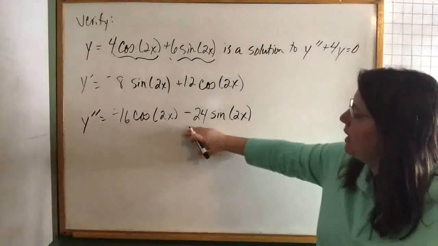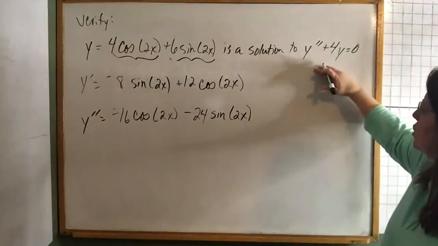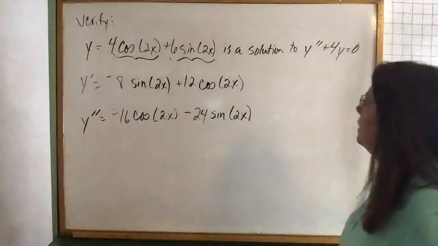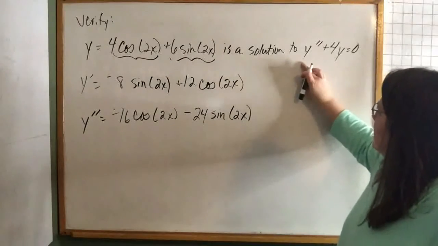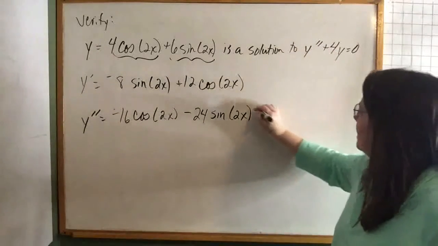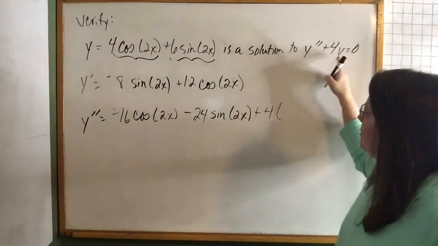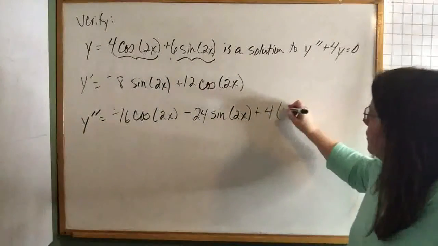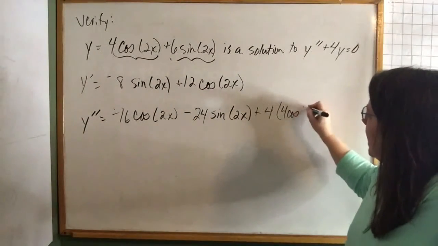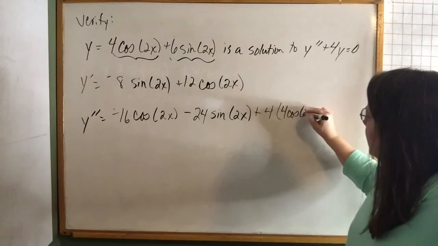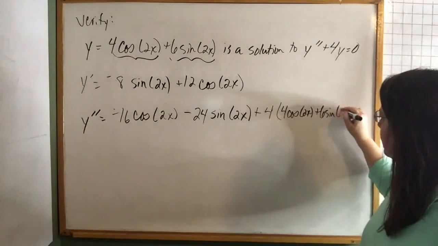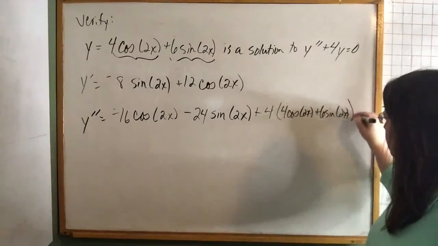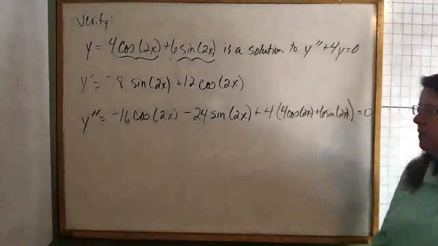So now I'm going to take what I've got here and plug in here to see if in fact they do equal 0. If this is y double prime, it says here that I need to take y double prime and add 4 times y, which is 4 cosine 2x plus 6 sine 2x, and show that that equals 0.